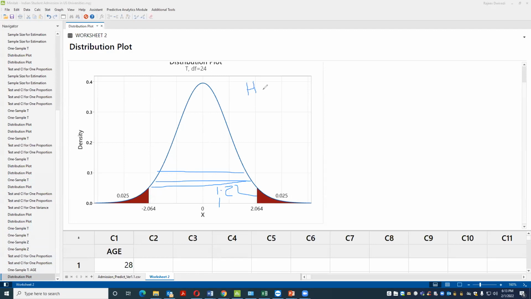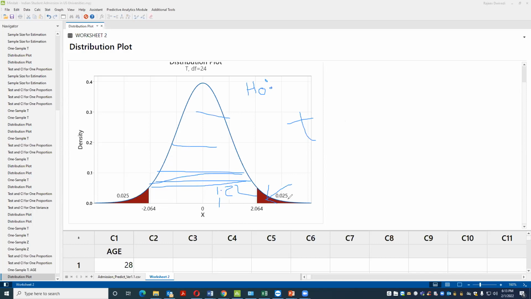The null hypothesis is H0. This is the way. So this is acceptance and this is rejection. If suppose the t value were more than 2.06, then our null hypothesis would be rejected and the alternative would be considered.